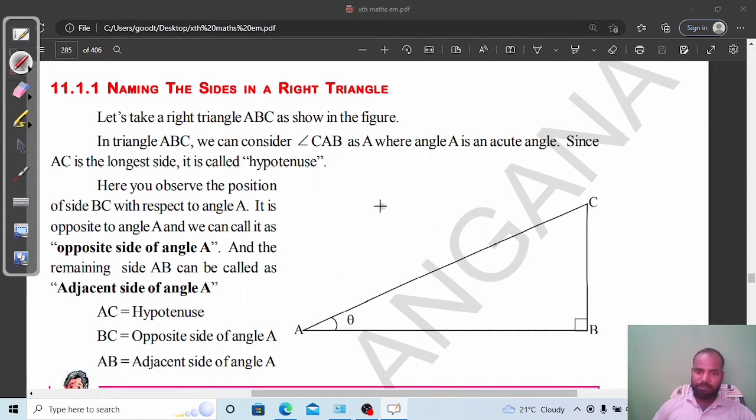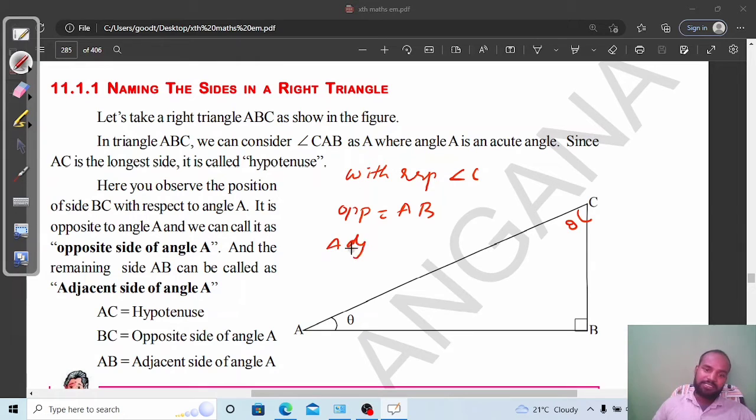With respect to angle C, the opposite side is AB. The adjacent is BC.